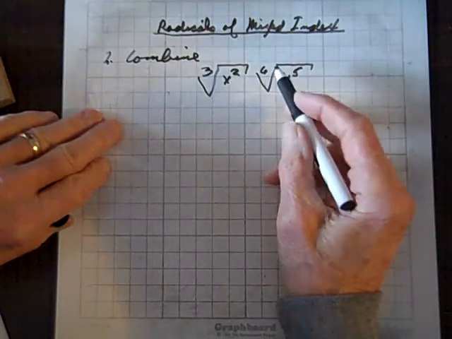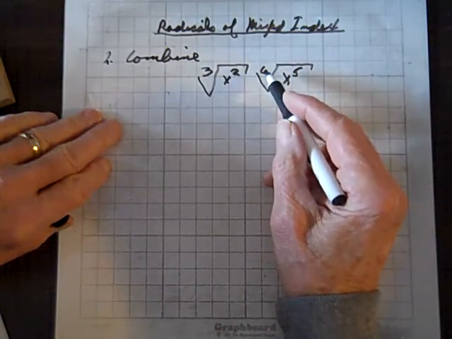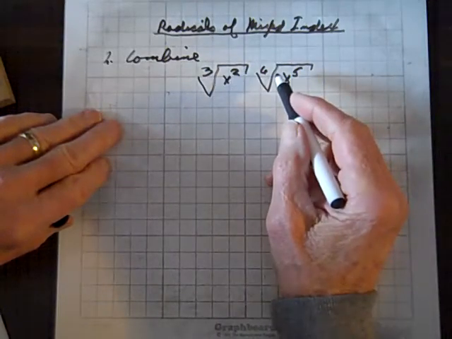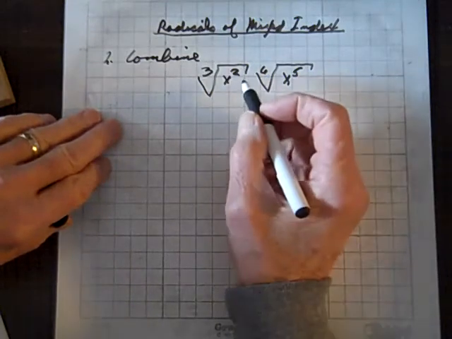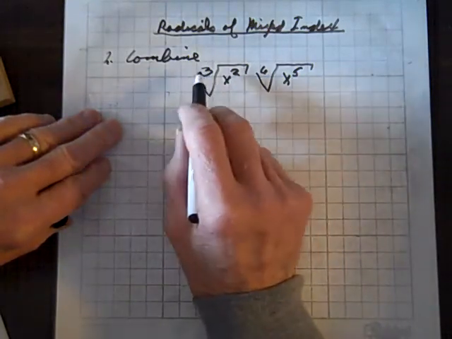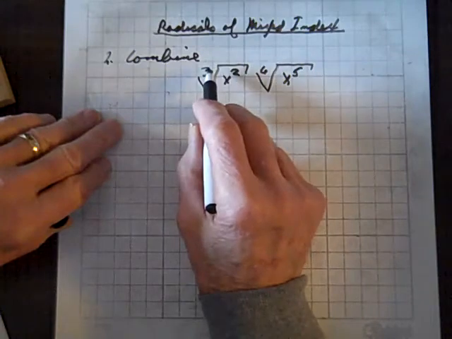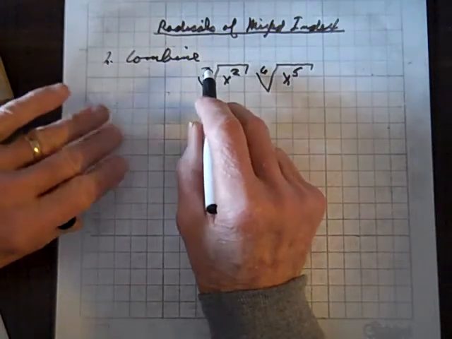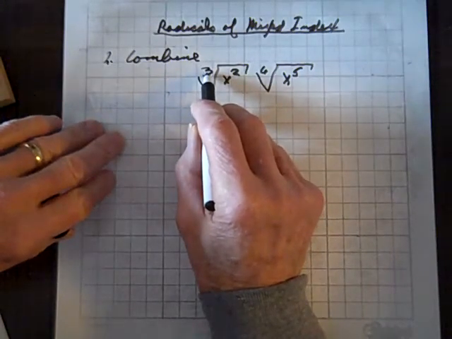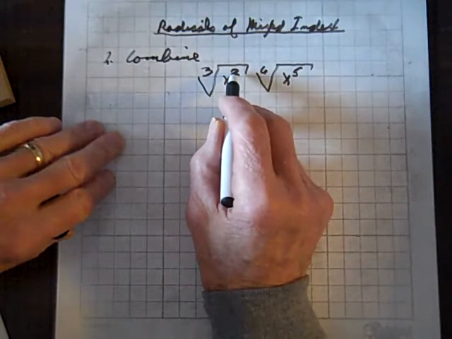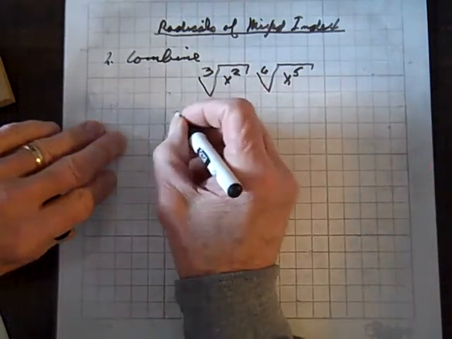And let's see, what is the least common multiple of 6 and 3? Well, it's 6. So what do we have to multiply 3 by to get a 6? Well, 2. If we're going to multiply this root by 2, we have to multiply that exponent by 2 also.